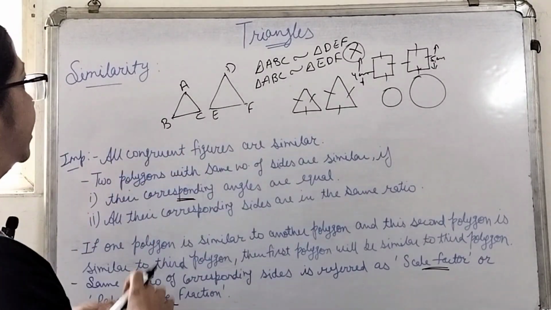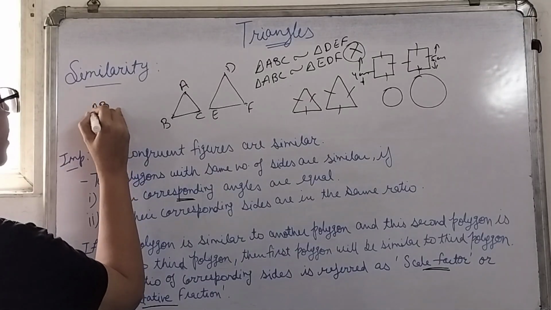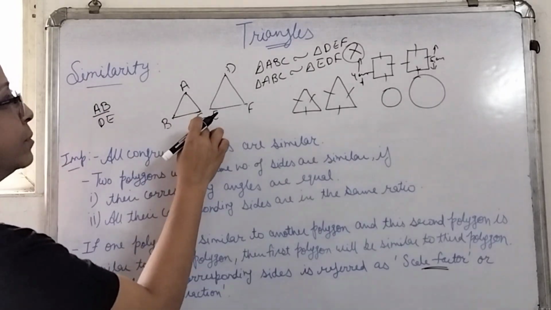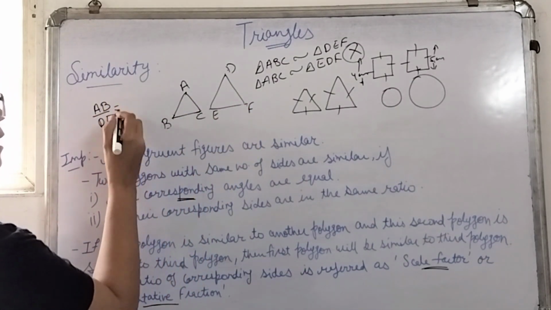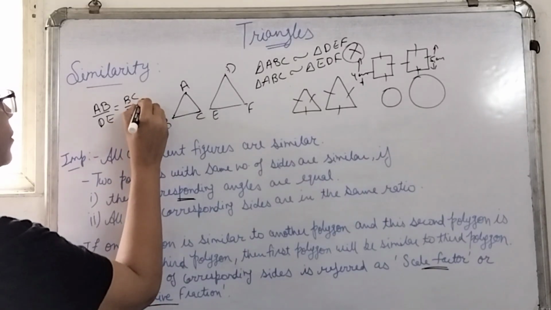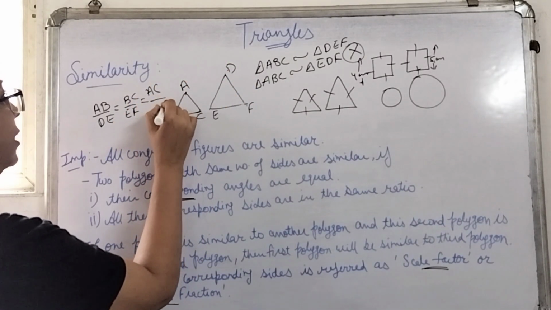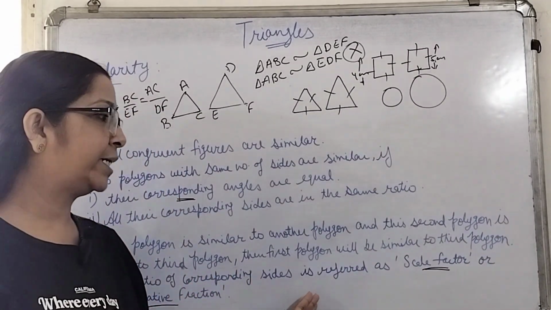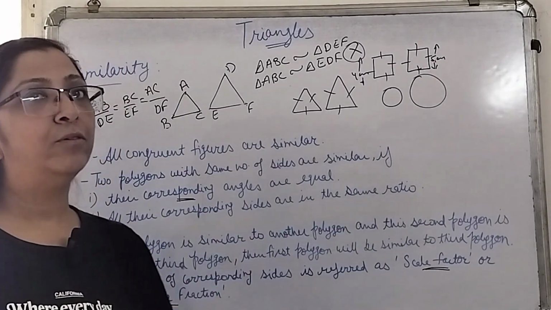If ABC is similar to DEF, then AB over DE will be equivalent to BC over EF, equivalent to AC over DF. This same ratio of corresponding sides is referred to as the scale factor or representative fraction.